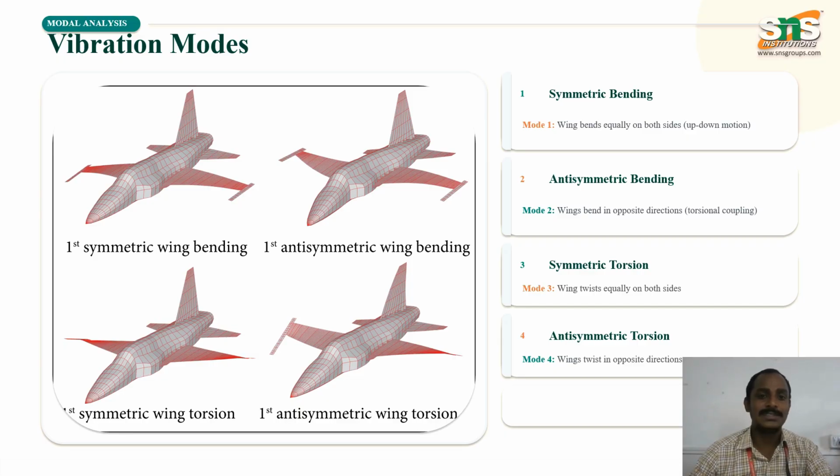The third mode is symmetrical torsion, involving equal twisting of both wings. Finally, antisymmetric torsion occurs when the wing twists in opposite directions. These modes determine the natural frequencies of the aircraft and significantly influence the aeroelastic stability as well as instability. Understanding these deformation patterns helps engineers design safer and more efficient aircraft wing structures.